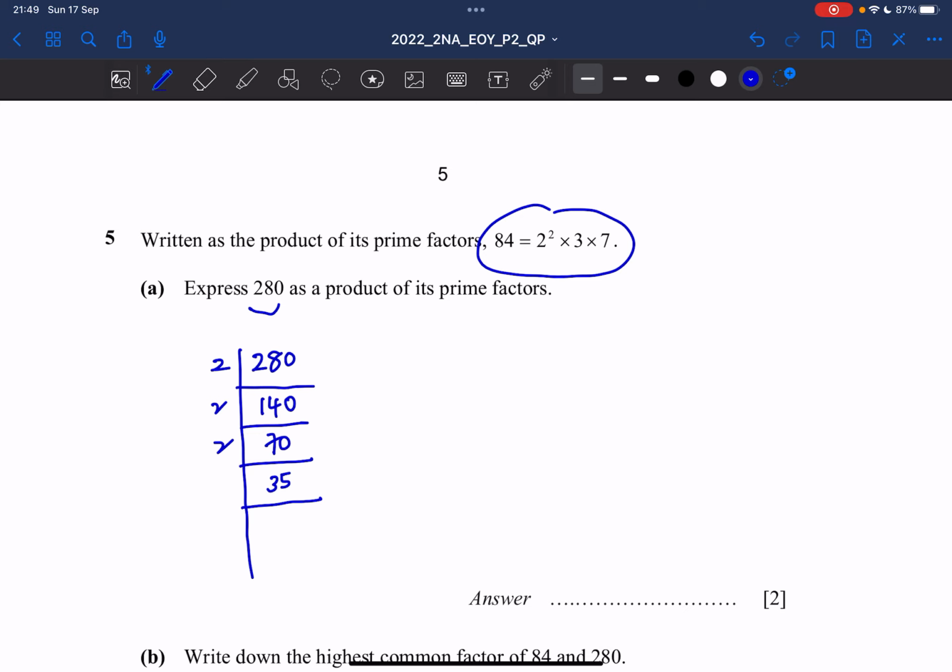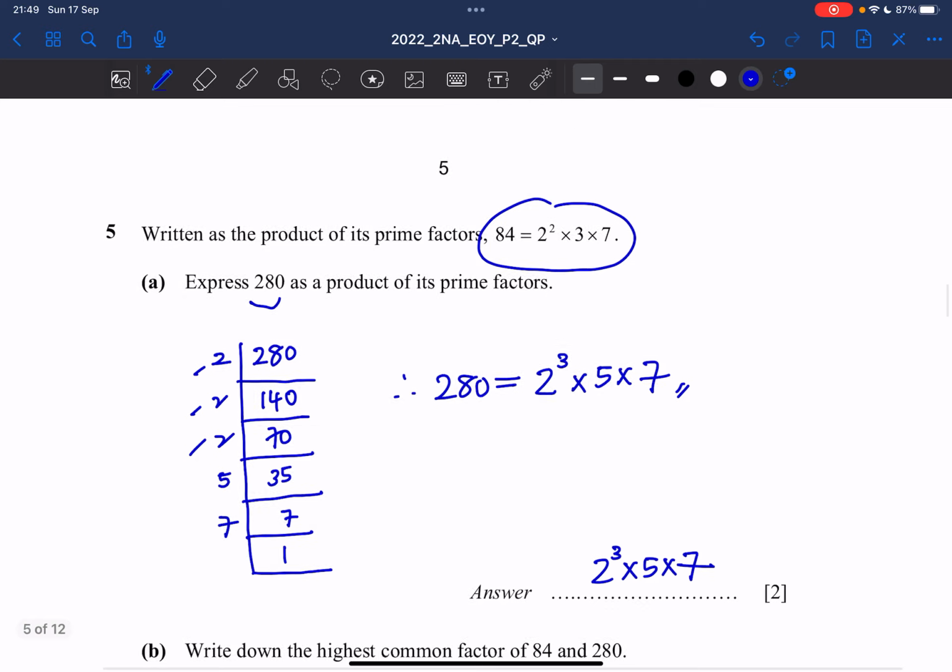Then divide by 5 to get 7. Then 7 divided by 7, we get 1. So therefore 280 equals, 2 there are 3 of them, so 2 to the power 3 times 5 times 7. So this is our answer.